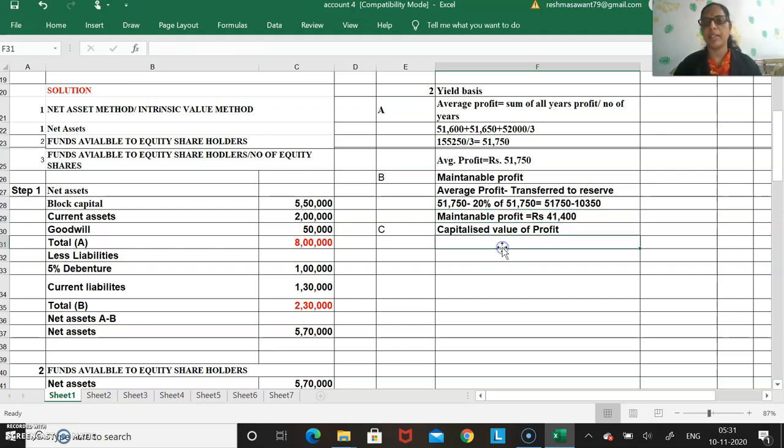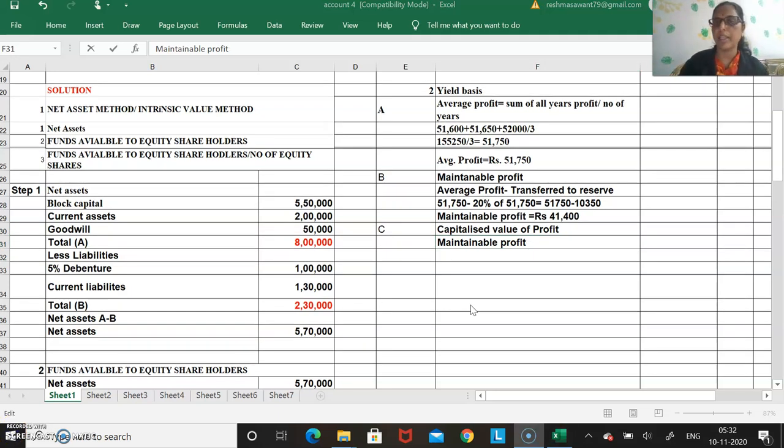Now calculate capitalized value of profit with the help of the formula. Step number 3, capitalized value of profit: maintainable profit divided by NRR.